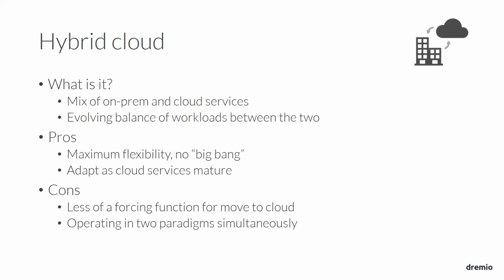So maybe the workloads that are 24/7 and don't have as much spikiness or elasticity to them, you can run in the on-premise infrastructure where it's less expensive, and the more spiky and elastic workloads you can run in the cloud. And so the advantage here is you have the maximum flexibility. There's no big bang event where you have to transition from something that exists to something completely different, with, of course, all the challenges that come with that.